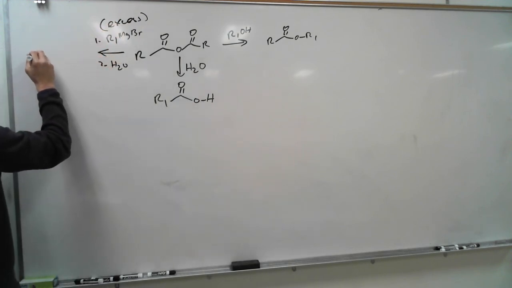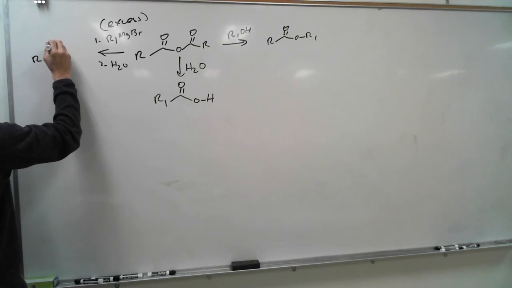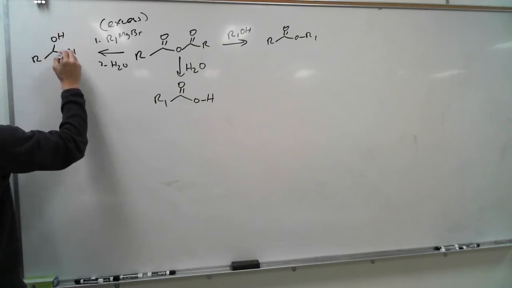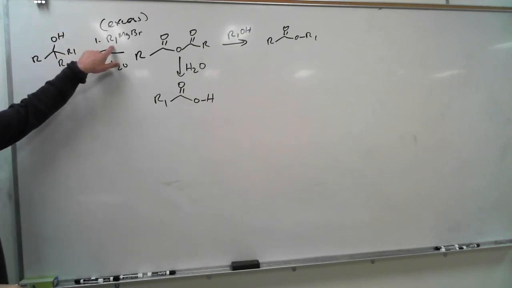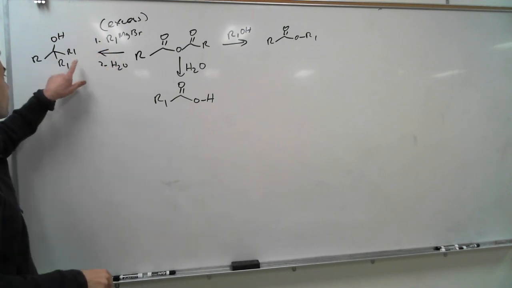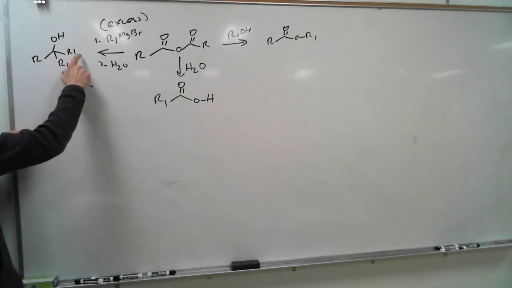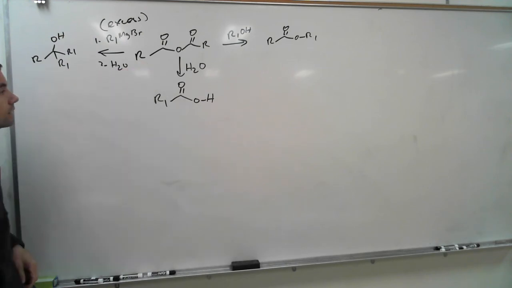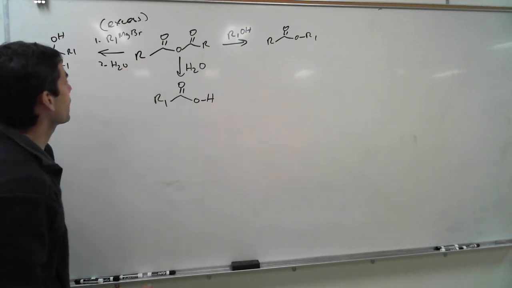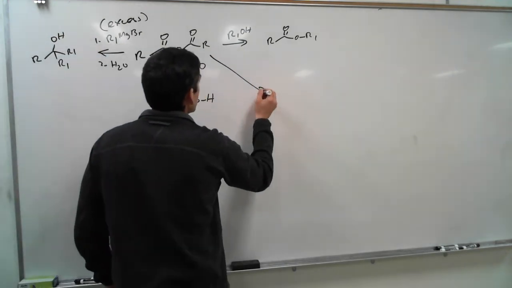And what do we do? OH, R1, R1. Again, this could be different alkyl groups, right? Any type of alkyl groups. Doesn't matter. Just showing that we had two of them here, and we had one that we started with from our acid anhydride group, right? So we do these types of reactions. I can take this and react it with what?